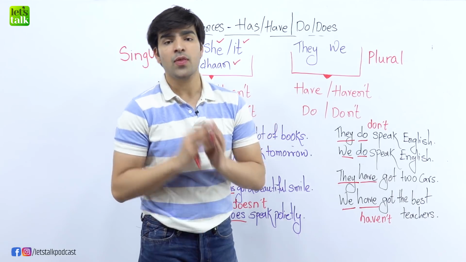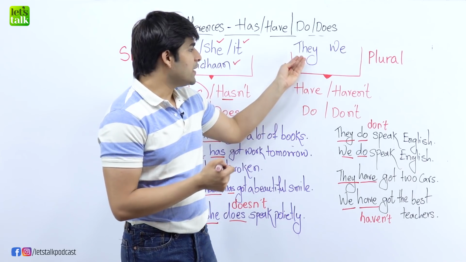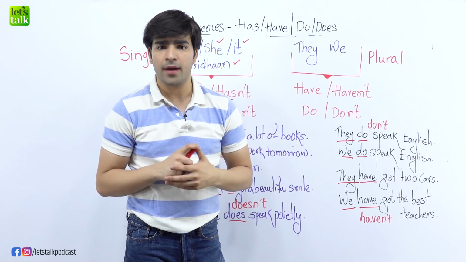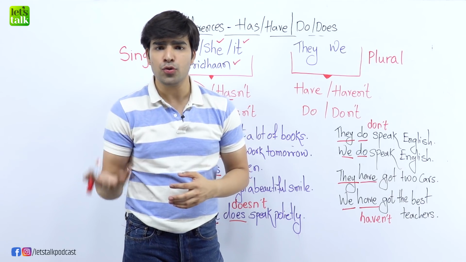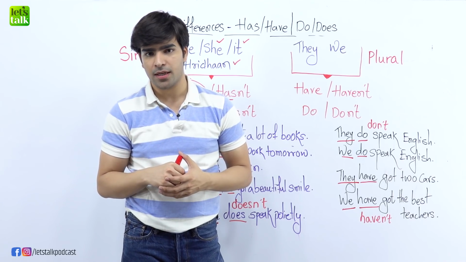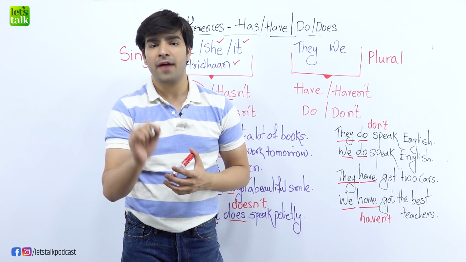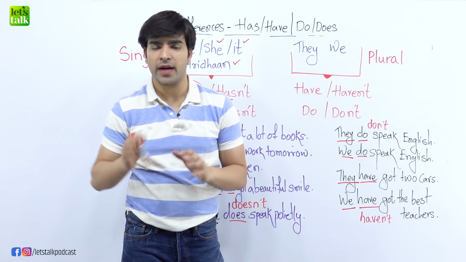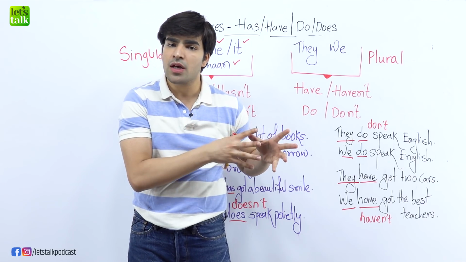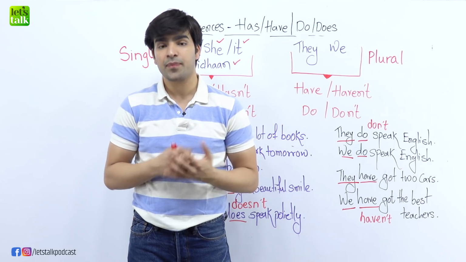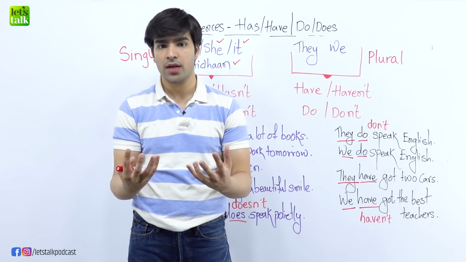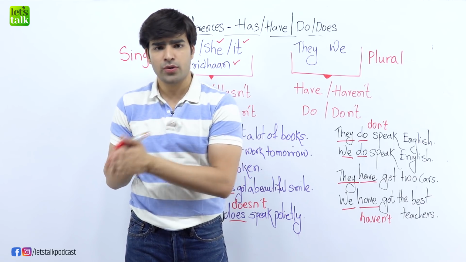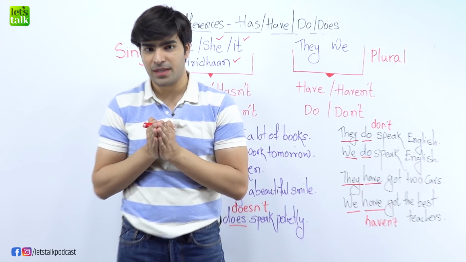When it is about the words in plural family, it could be they, we, or let's say fans. Fans do speak or don't speak. You have to tell me that. Fans does speak or fans don't speak. Which is right? Do we use does with it or do we use do with it? Fans being more than one, we use do with it. So fans do speak or fans don't speak? Fans don't speak.